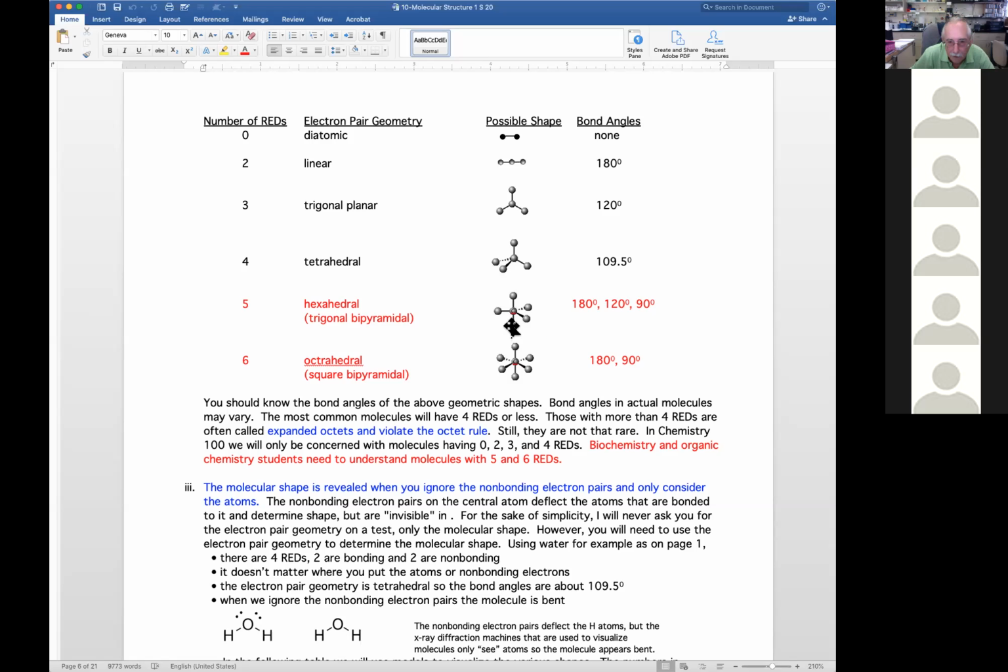Because look, there's the central atom, 2, 4, 6, 8, 10 electrons around the central atom. That violates the octet rule. These are exceptions to the rules. Same thing over here, there's 12 electrons around that central atom.